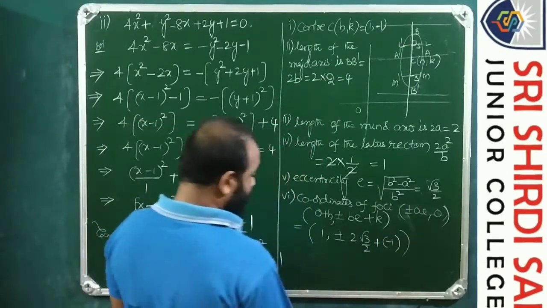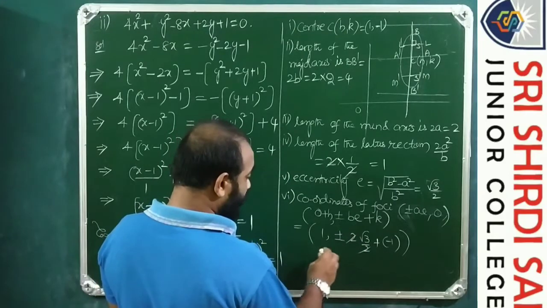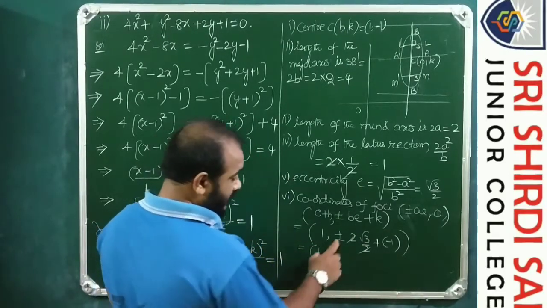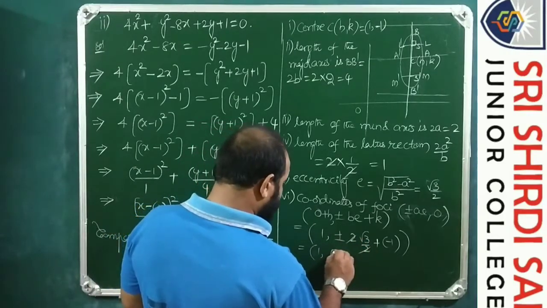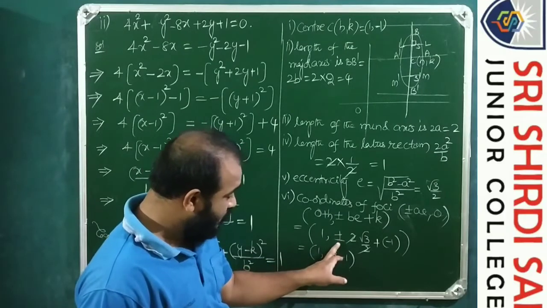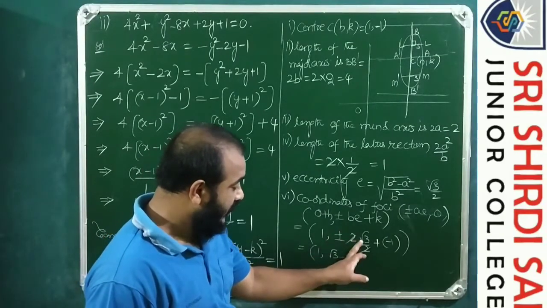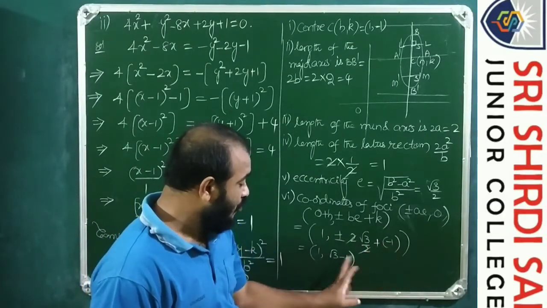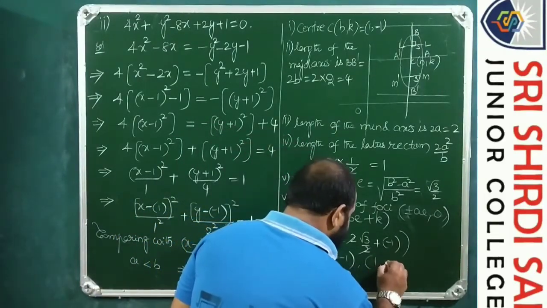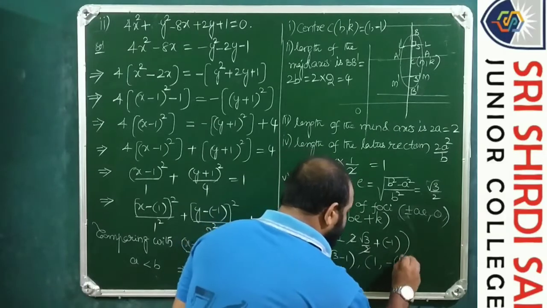So 2 gets cancelled. So this is 1 comma root 3 minus 1, and 1 comma minus of root 3 plus 1.